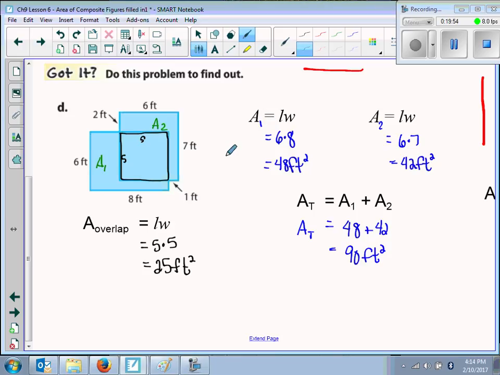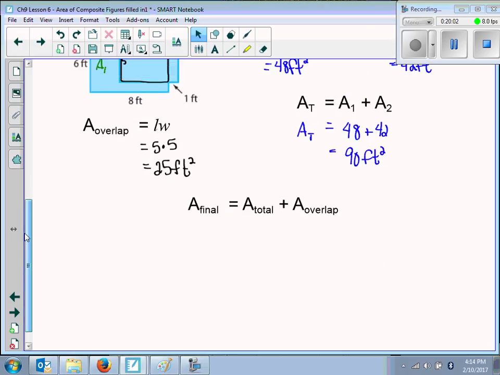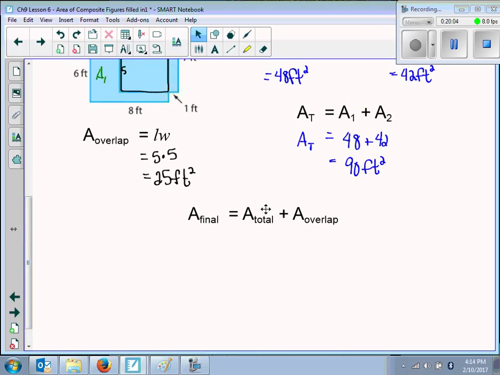And now to subtract the overlap. So the final area is equal to the total area, which is the 90 feet squared, minus the overlap.